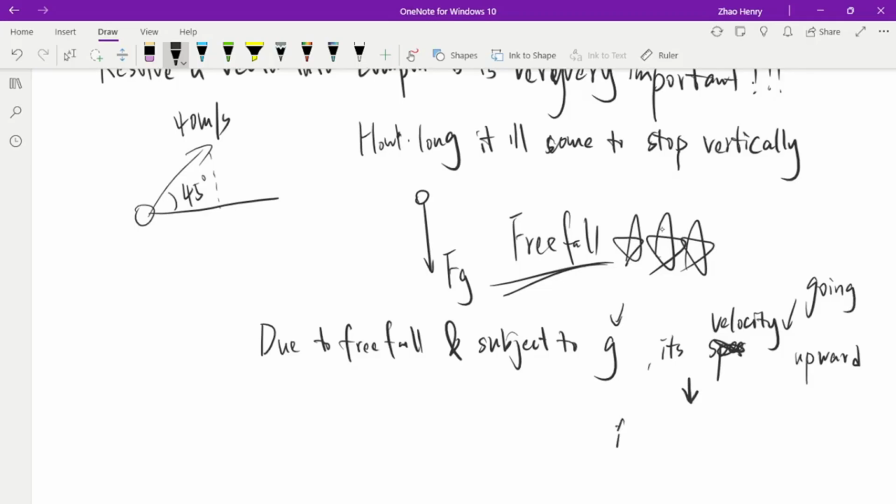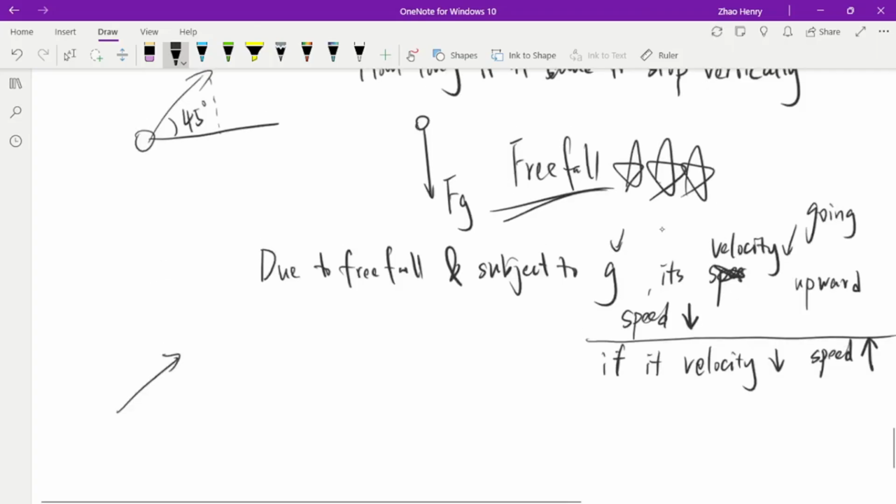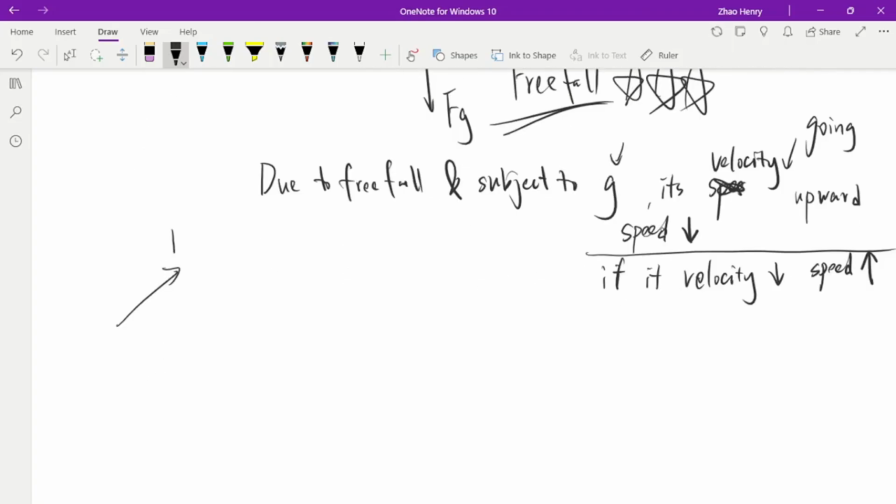However, if its velocity is going downward, the speed will increase. So for this one, the ball has an initial speed of 40 meters per second and an angle of 45 degrees above the ground.